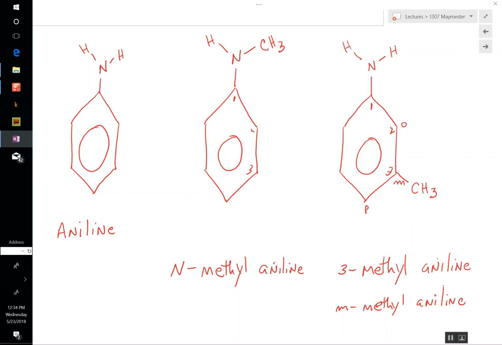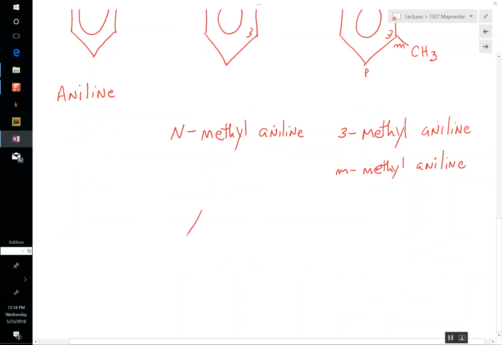It's a location. Yes? Does the number 1 always start on the top, or will it always start on the one that has the... Yeah, it doesn't have to be at the top. I mean, I could draw this molecule like this, and 1 starts right there.